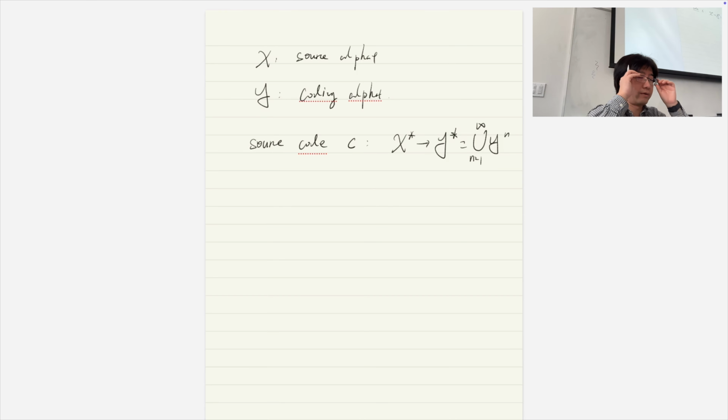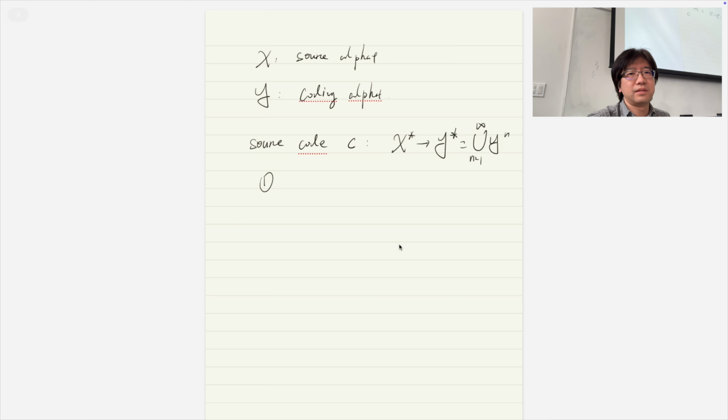So now we have a few cases to consider. First of all, we consider block code. For block code, we have a few cases: a fixed to variable length code, a variable to fixed length code, and a variable to variable length code.